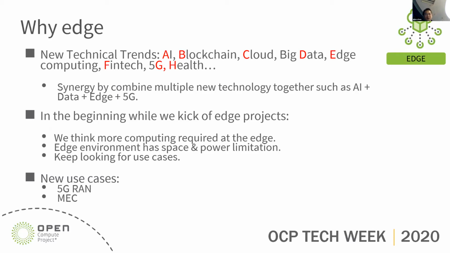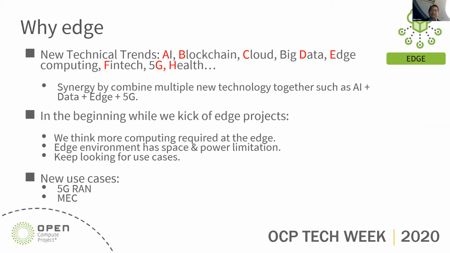I'm going to tell you a short story about why we do edge. Several years ago, we tried to identify new technology trends. The idea is, if we can do something new together, that might be the right thing. The new technologies we identified are very easy to remember.